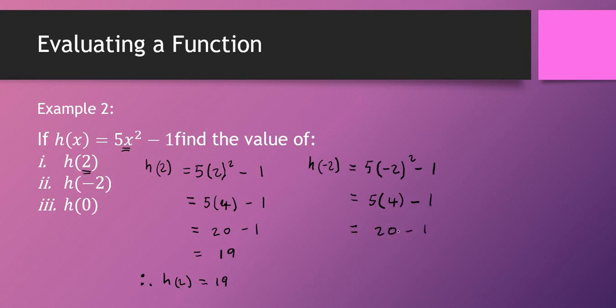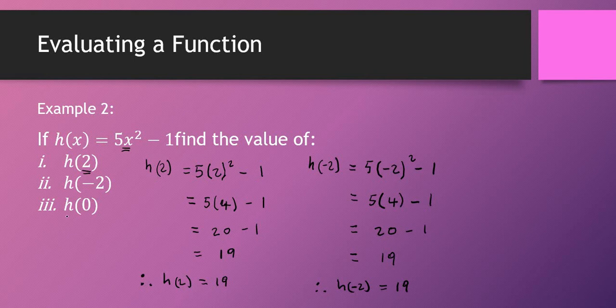Minus 1. And 20 minus 1, that is going to give us 19. So therefore, we know that h of negative 2 is equal to 19.